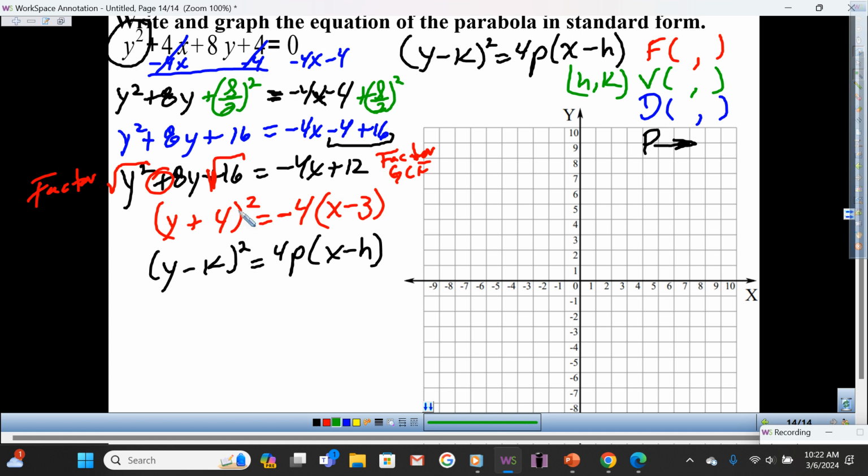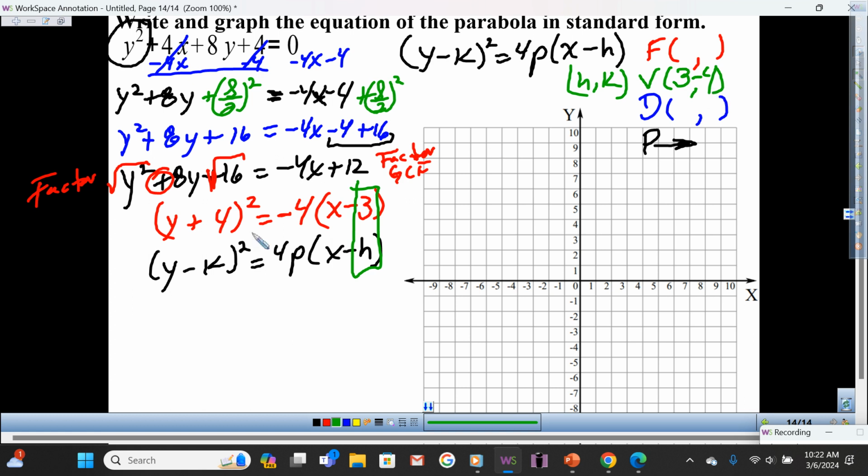Okay, look at our equation and look at the standard form equation. 3, that is correct. That is H, so 3. And what is K, everyone? Close. Remember, this is a negative, so this has to be the opposite. So it's negative 4.